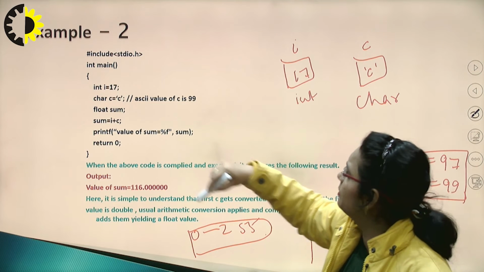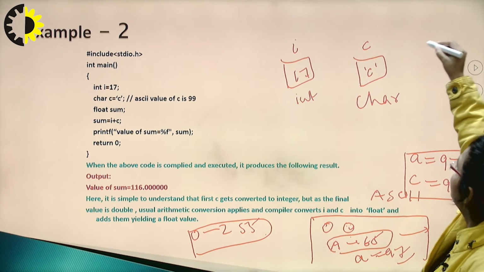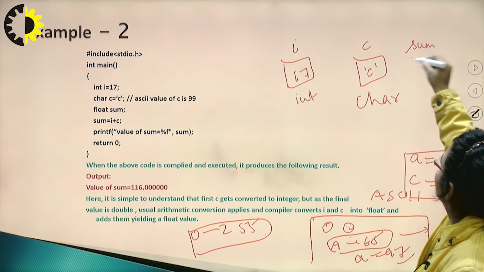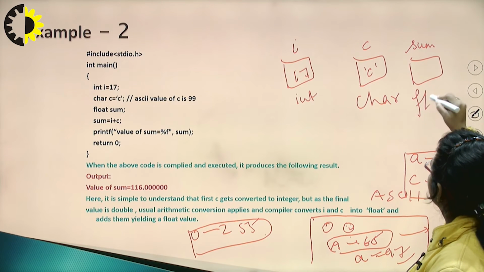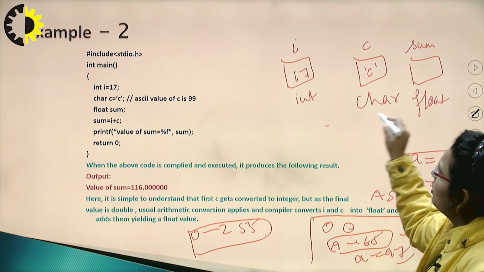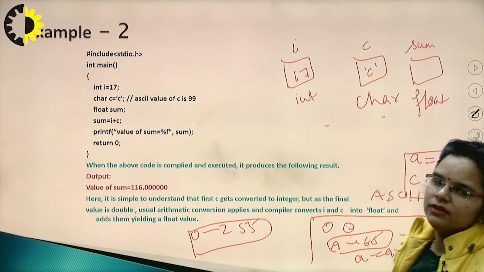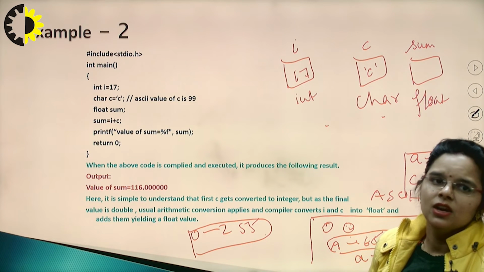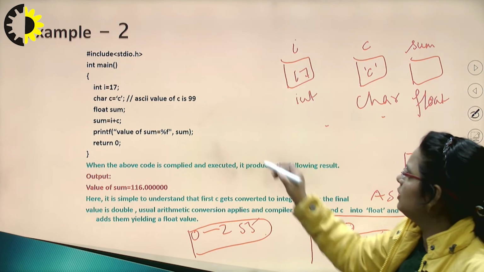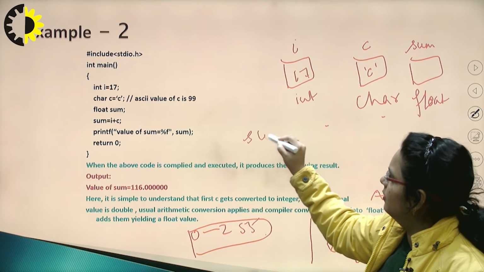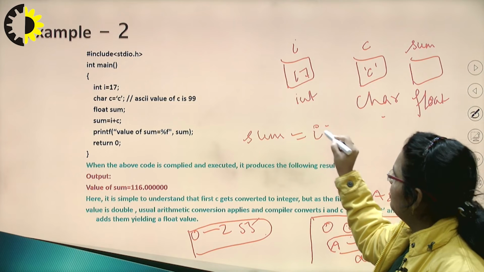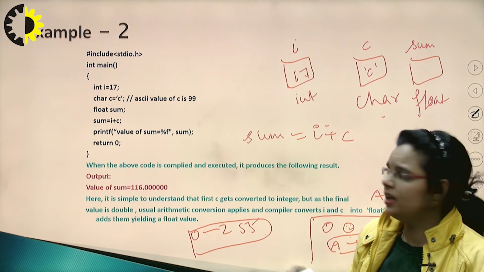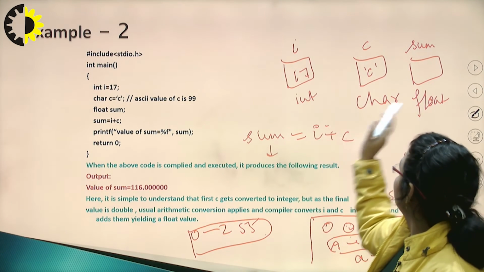We have another variable, a float named sum. All these three variables are of different data types. Now we have to evaluate sum equals i plus c. I'm again repeating, sum is of float type.